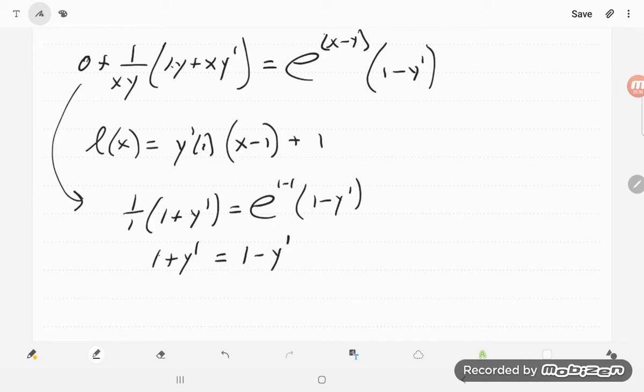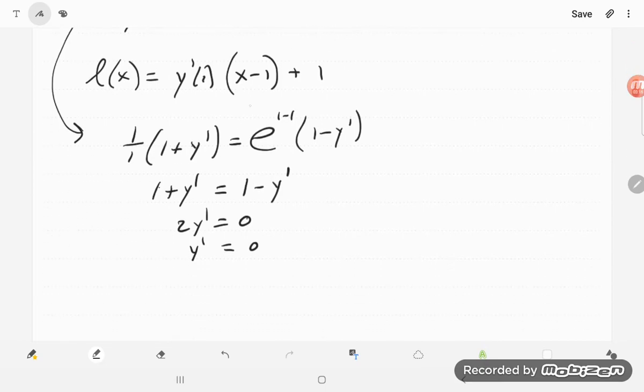This is interesting. If I did my calculations correctly, I get 2y prime is equal to 0, or y prime is 0. So our tangent line, according to that, would just be the constant 1.